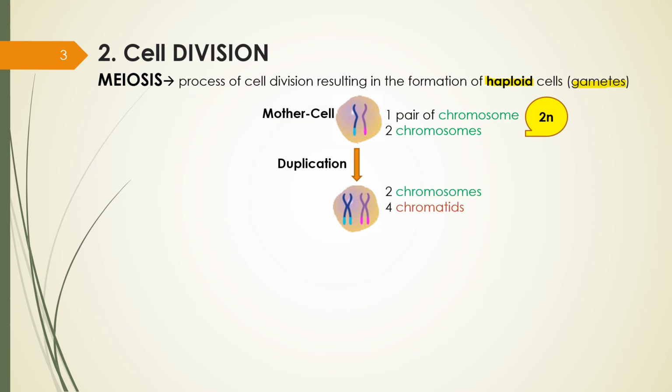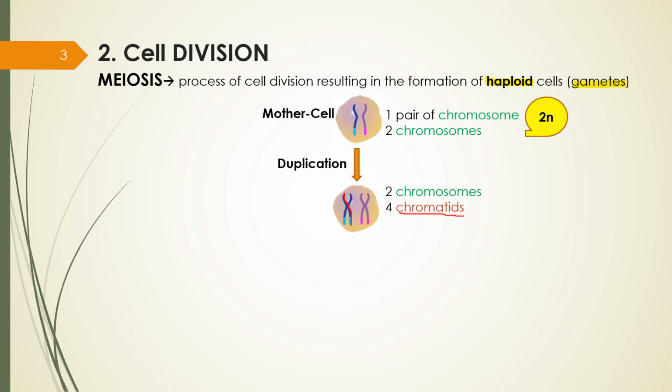So here I have 2 chromosomes, but now each copy of the chromosomes I call a chromatid. Okay, so when I duplicate the cell, I call them chromatids. So each leg here, each part here of the chromosome is one chromatid.